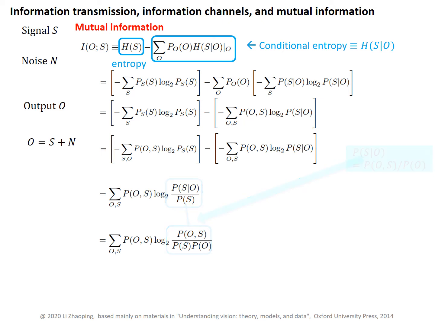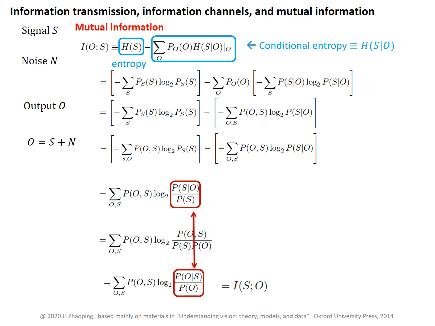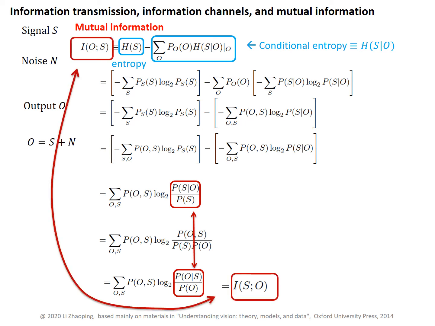In this form, the S and O are symmetric to each other, so mutual information is indeed mutual between S and O. So we can switch the roles between S and O without any problem. So mutual information I(O;S) is the same as I(S;O). Again, mutual means mutual.